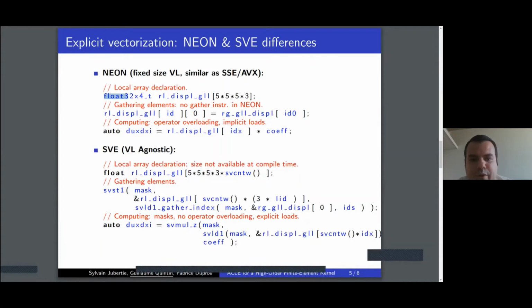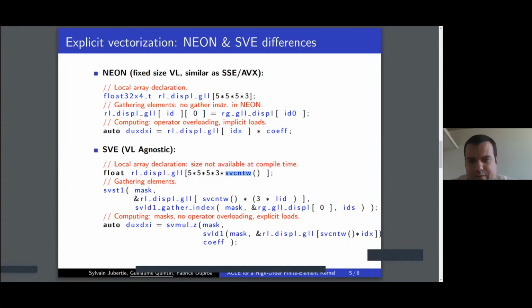For the local array, we declare an array of SIMD vectors for Neon, but for SVE we have to go back to a basic float array, sized with the SVE intrinsic that gives us the number of floats inside an SVE vector.